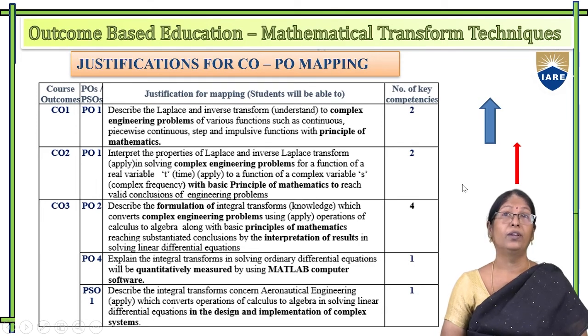This CO and PO mapping is very, very useful for the institution, to see how far the students perform in each course, for which the weightage of CO and PO mapping should be specified. The weightage should be given on a 3-point scale, which we can see now.